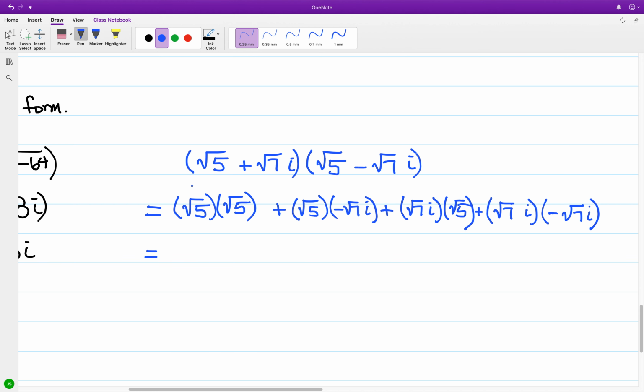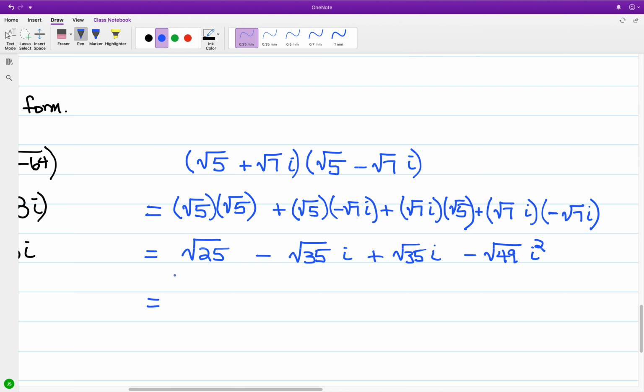So with the first product, this is going to be reducible, so we have the square root of 25, and then the negative of the square root of 35 times i. Next product, we have square root of 7 times the square root of 5, that would be square root of 35, with i attached, and then positive times the negative is a negative, and we have square root of 49, i squared.